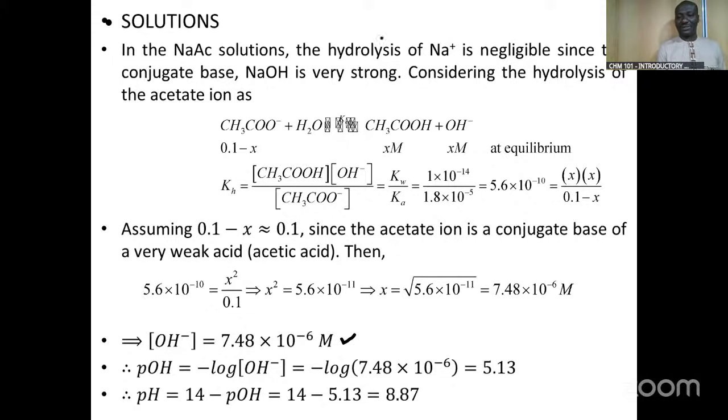So the percent hydrolysis will be equal to the amount that has hydrolyzed, that is 7.48 times 10 to the power of minus 6, divided by 0.10, times 100.